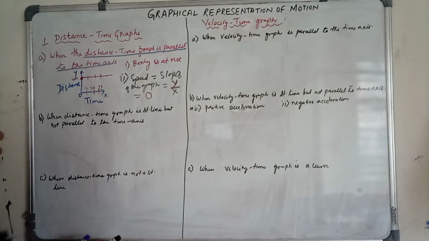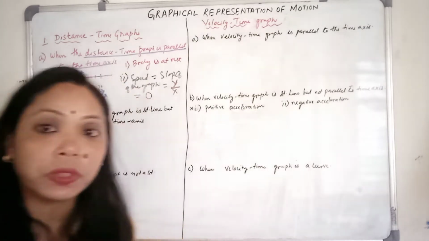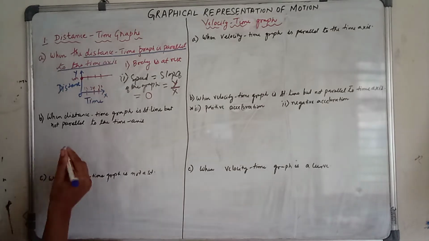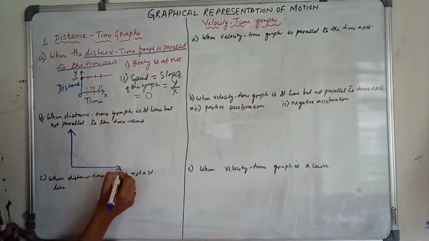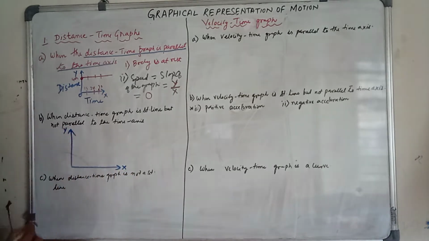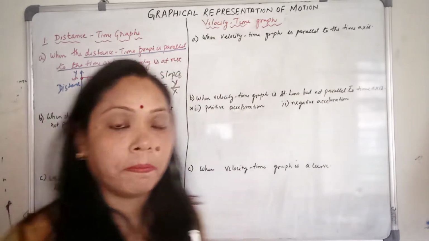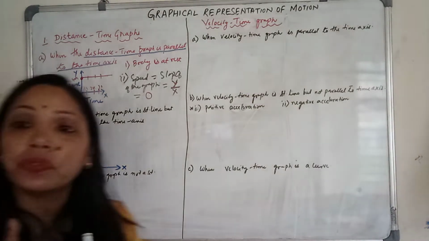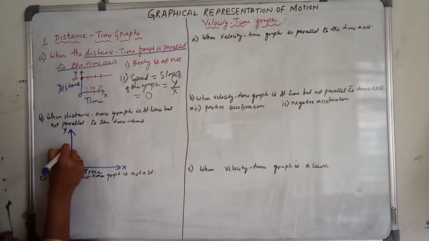For the second part, when the distance time graph is a straight line but not parallel to the time axis, your graph is like this. This one is your x-axis, this is your y-axis. On the x-axis we have to use time, so write down here time. And on the y-axis we have to use distance.